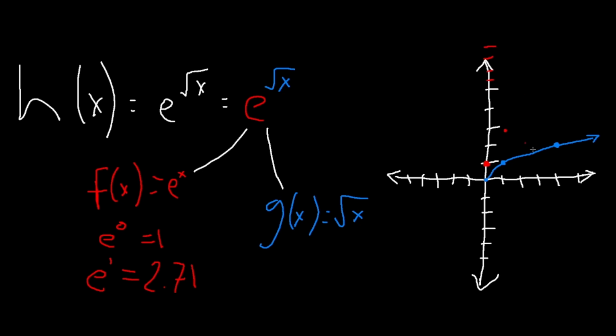So it'd be 1, 2, 3, 4, 5, 6, 7.39. So it'd be around here. And remember, it's going to be right on top of this point because that's where our y equals 2 on our inside function. And then our final function is going to look something like that.